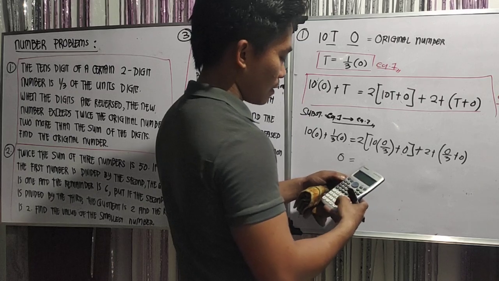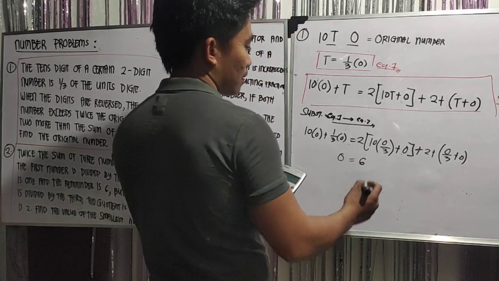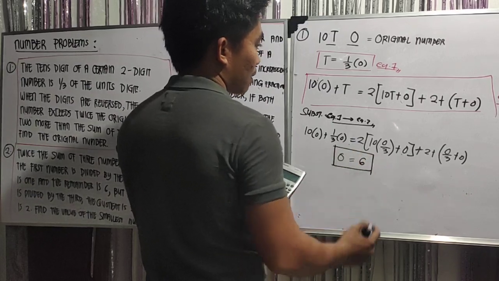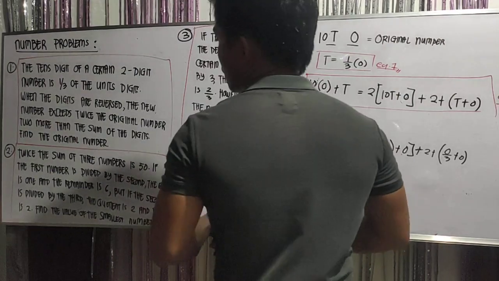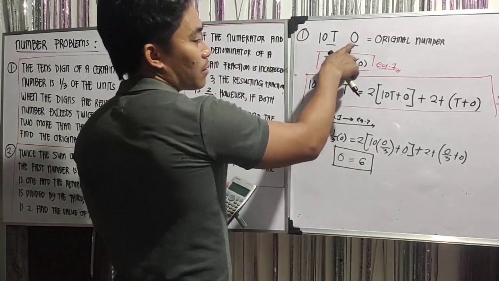Shift solve equals, so your O is 6. Now you know the value of your ones digit.